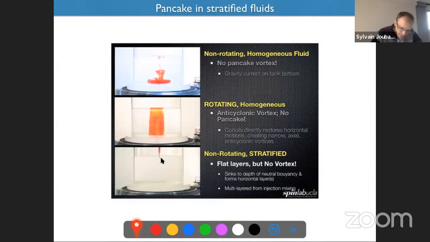Basically, the density of the injected fluid is smaller than the density here, that's why the fluid goes up, but it's larger than the density here, that's why it forms some layers.